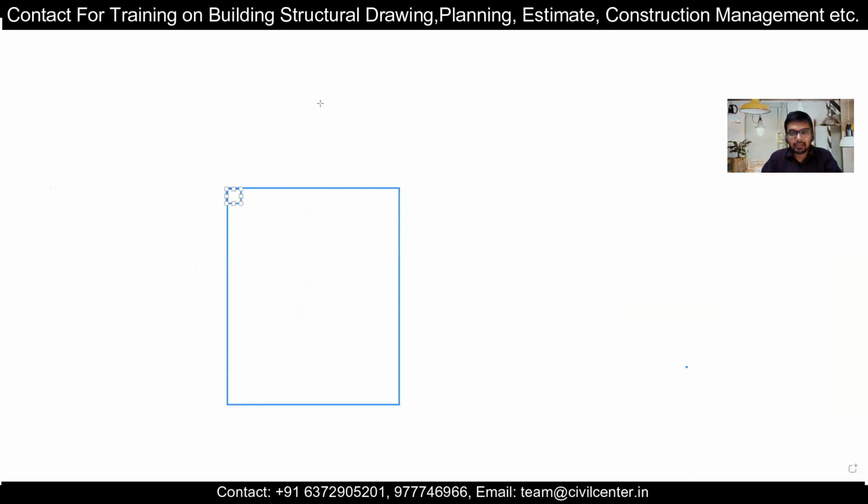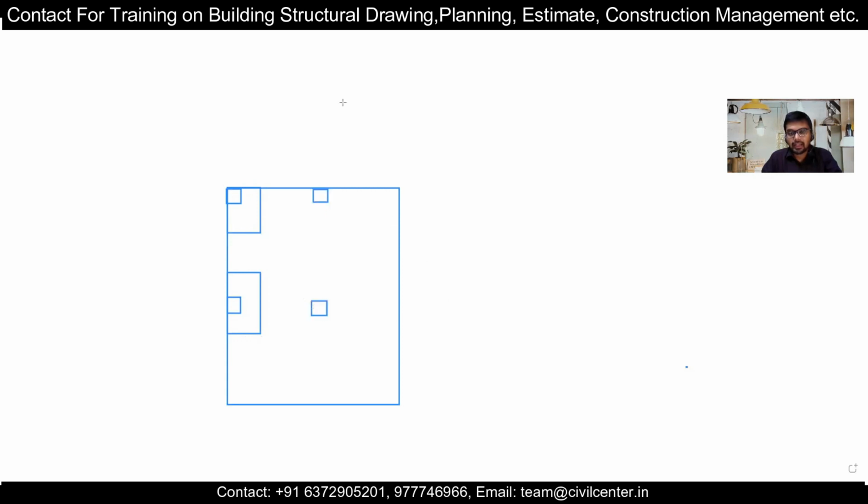If you provide the isolated footing, it will be like this. And suppose there is another column here, the footing will be like this. So these are the eccentric footings.